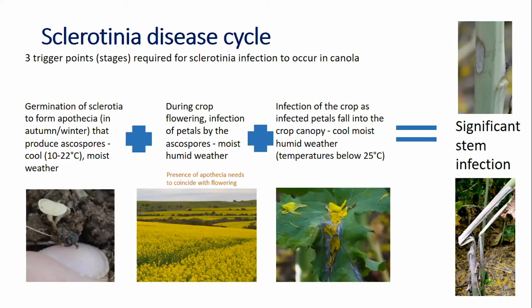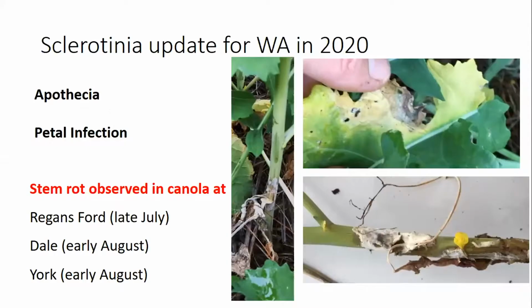You can have the presence of apothecia, you can even have petal testing where the infection is confirmed in the petals, but if you don't have the weather conditions during petal drop that suit the disease, then you won't get infection. So you have a very challenging disease here.